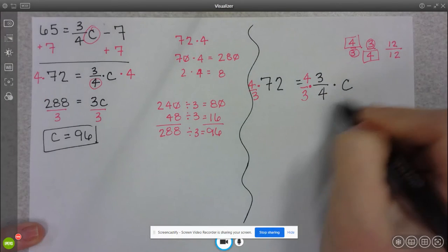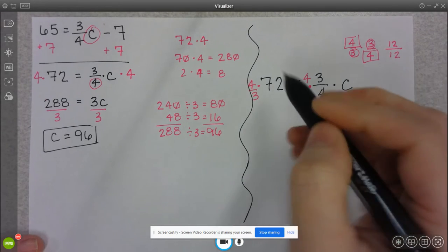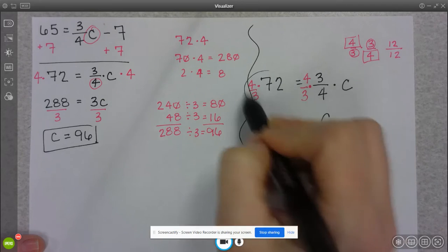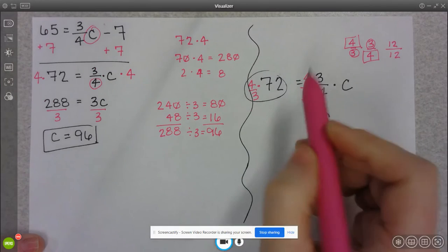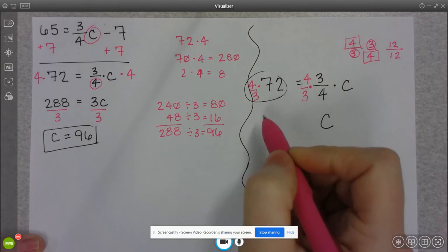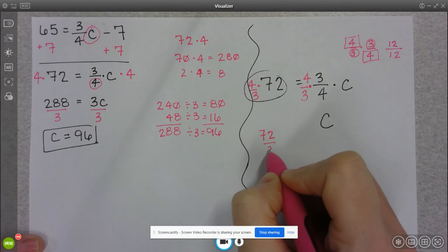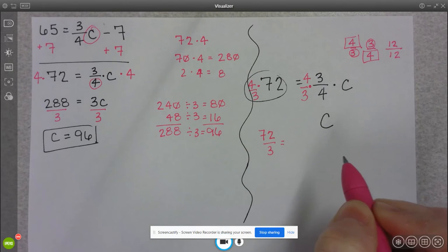So this part over here would leave me with c. And then for this here, I can break it down however I want. I can do 72 times 4 and then divide by 3. Or I can see that 72 is evenly divisible by 3.